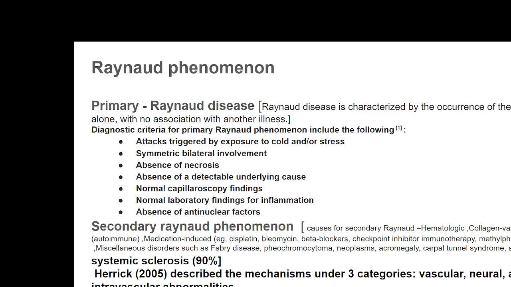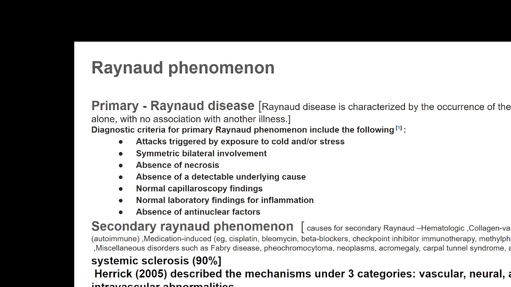Other drugs like bleomycin, beta blockers, or even immunotherapy in treatment of tumor pathology are known. And other diseases like pheochromocytoma and malignancy are also known to cause it. Now, as far as the secondary causes are concerned, from 2005 onwards, the causes are categorized into vascular, neural, and intravascular abnormalities.